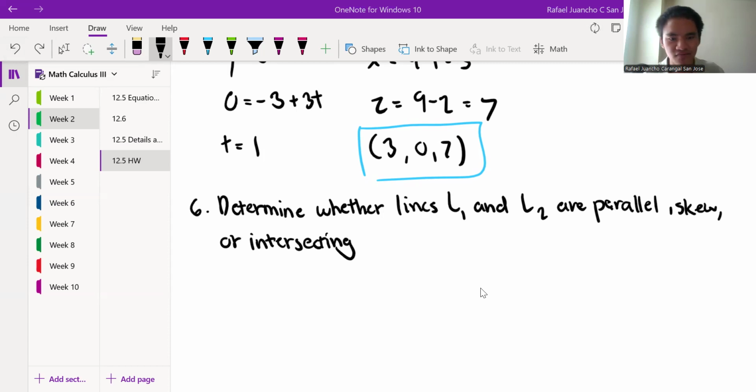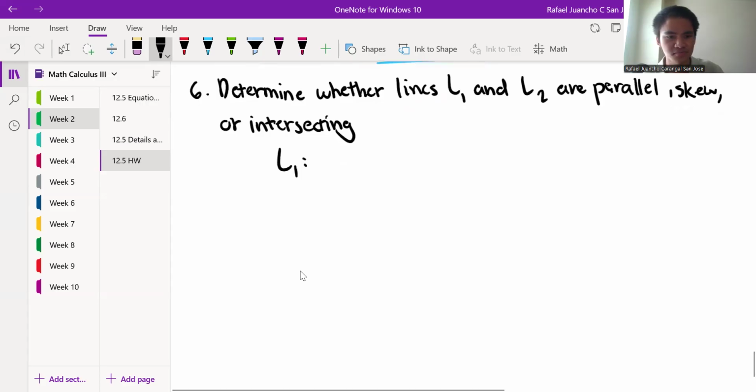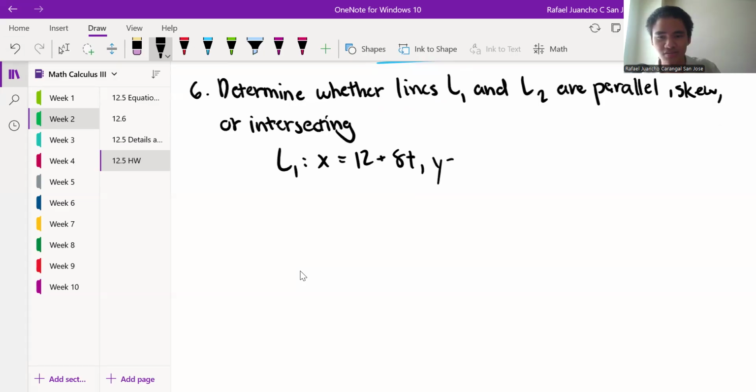So let's look at line one. Line one, for L1, has parametric equations. I'm just writing it out. Each of them has parametric equations, right? Z is 4 plus 12t.